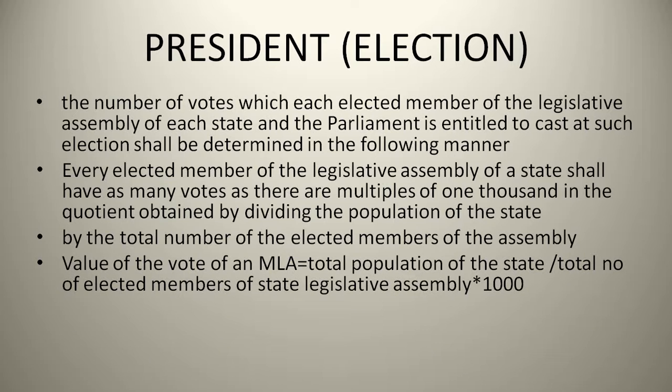Value of the vote of an MLA equals total population of the state divided by total number of elected members of the state legislative assembly, into 1000. It means the total population of the state is divided by the total MLAs in that state and then by 1000.